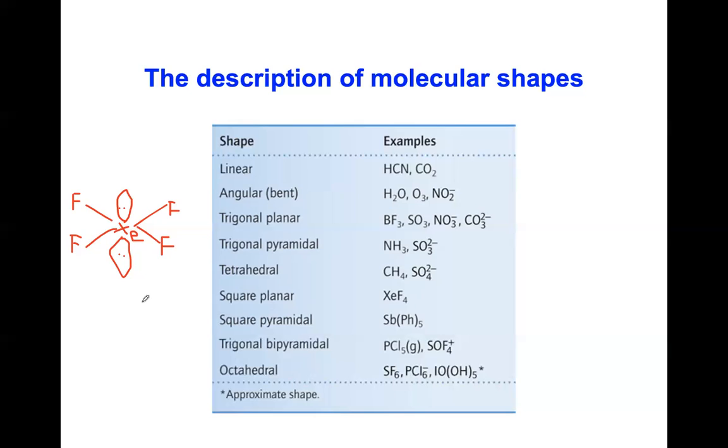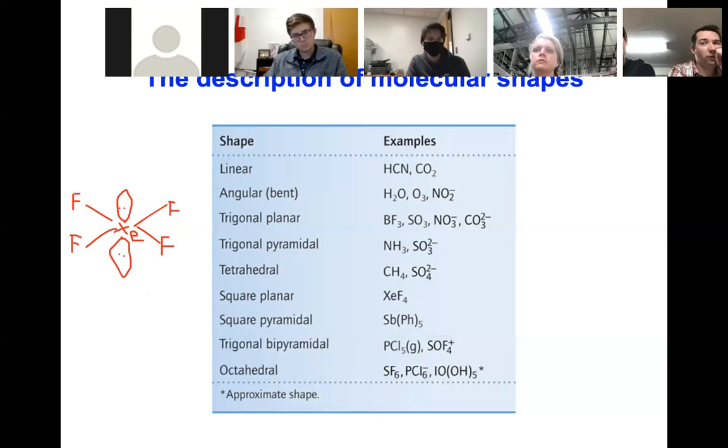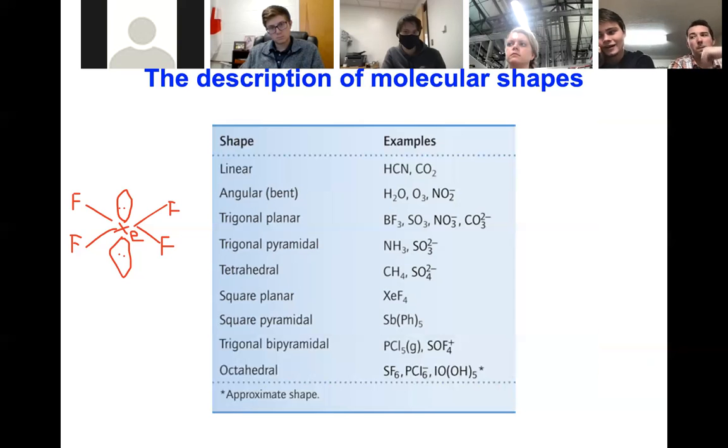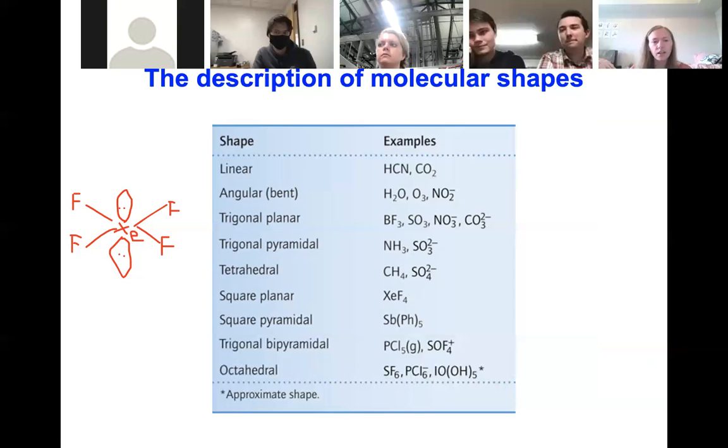But what you can do is, can you switch the position of a fluoride with a lone pair? So are you asking if the fluorine can switch places with the lone pair? No. Why?